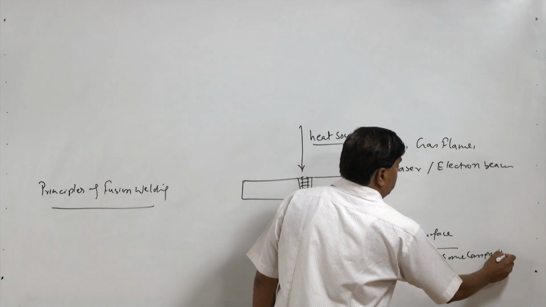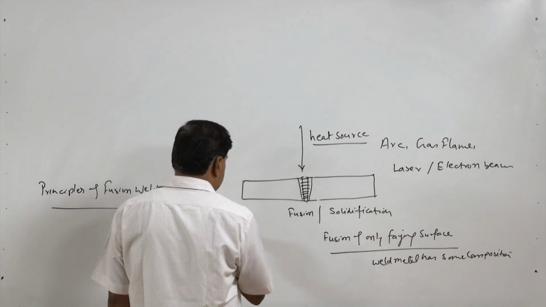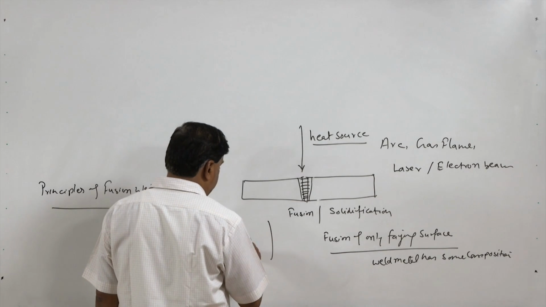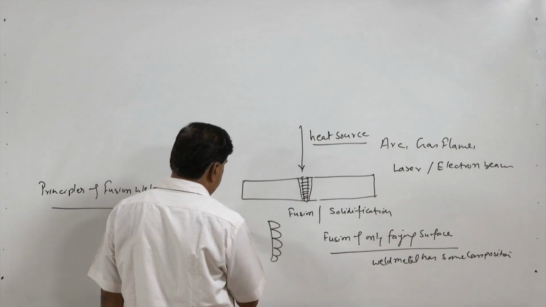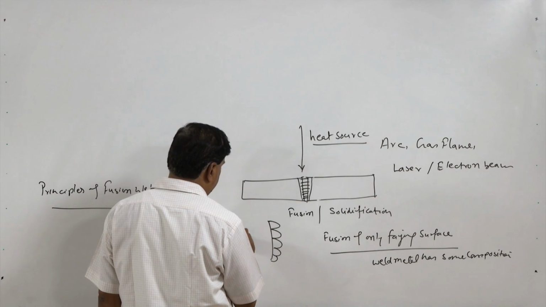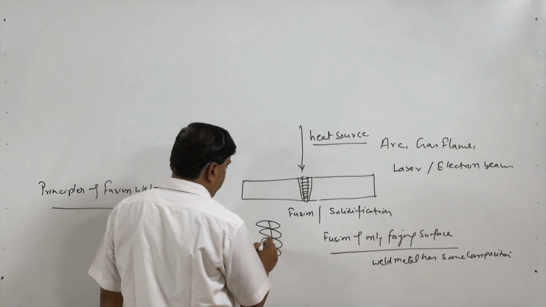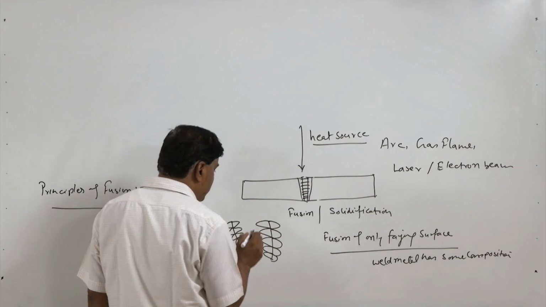as the base metal, and in this situation, whatever partially melted grains of the base metal are there, solidification starts with their direct growth. No nucleation is needed. So, this is how the growth of the partially melted grains starts without need of any nucleation.